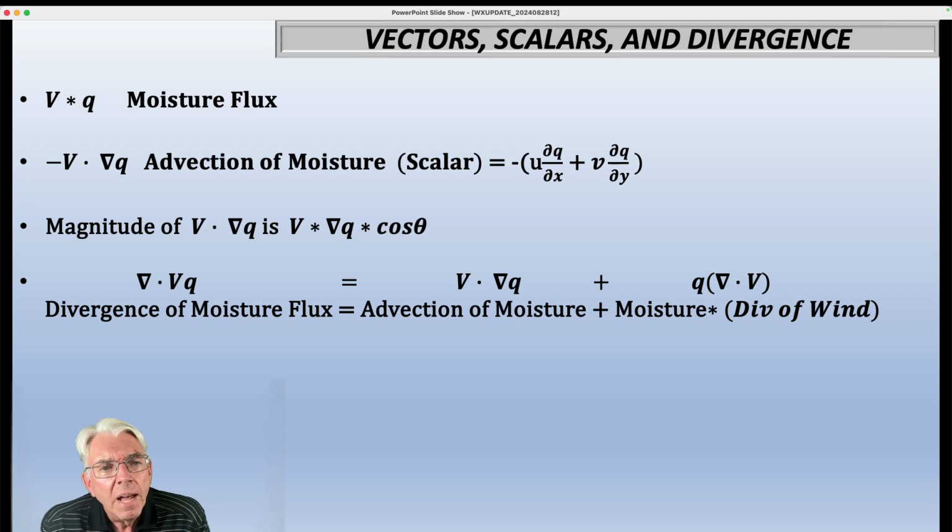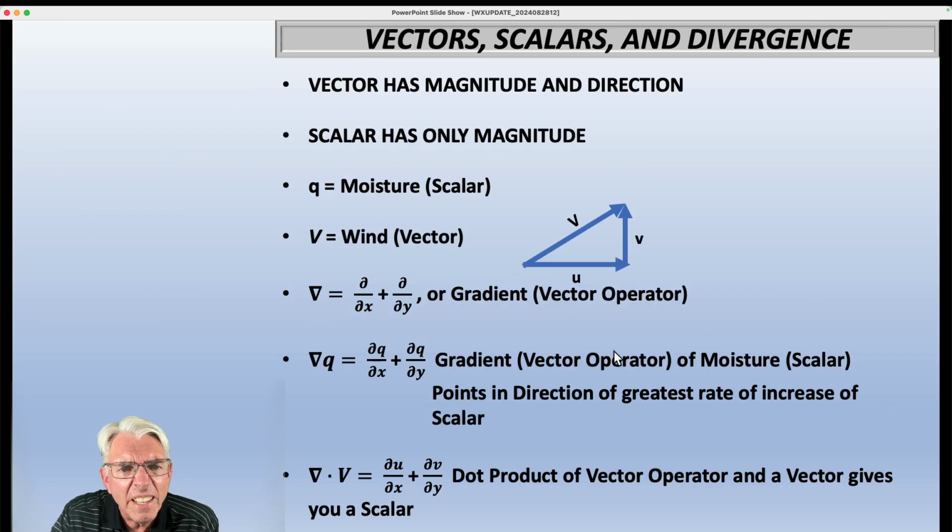Now, if you take a look at v dot del q, and let's go back here because I believe that we had this here. Okay, so this is the gradient of q, and we're going to be taking a dot product of the wind times the gradient of q, okay?